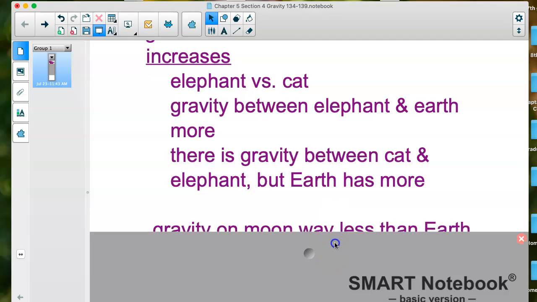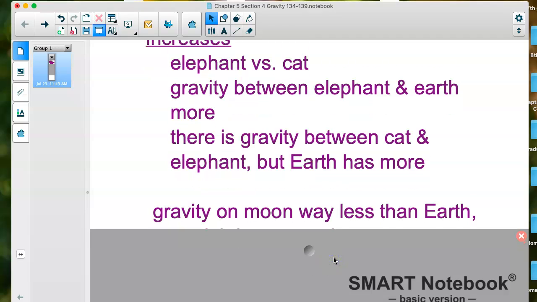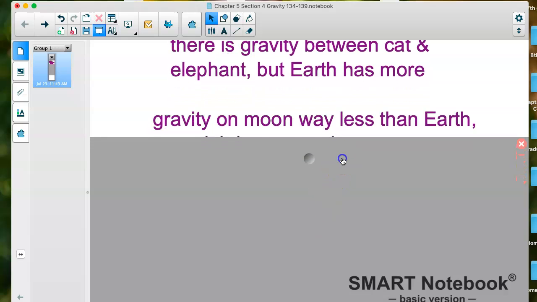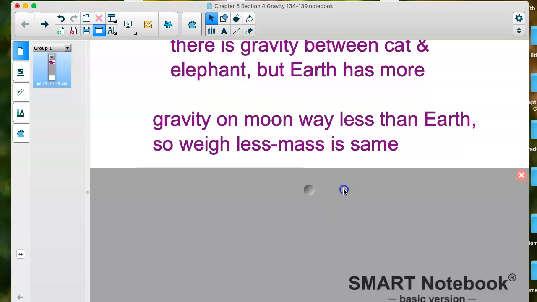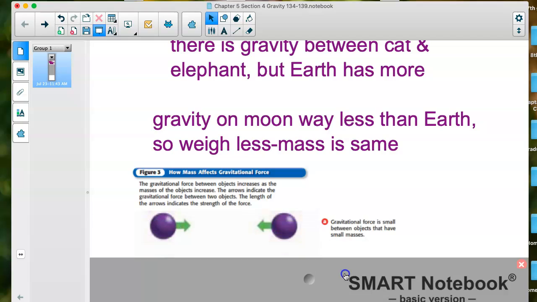So that's why they are not attracted to each other like you or I or they are to the Earth. The gravity on the moon is way less than the Earth. And we mentioned this, right? There is gravity on the moon, even though some people say there is not. That's a misconception. But we weigh less on the moon because that body, the moon, is less massive than the Earth. And so weight is a measure of gravitational pull.